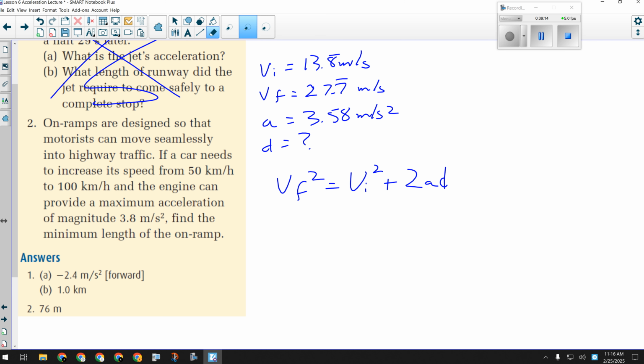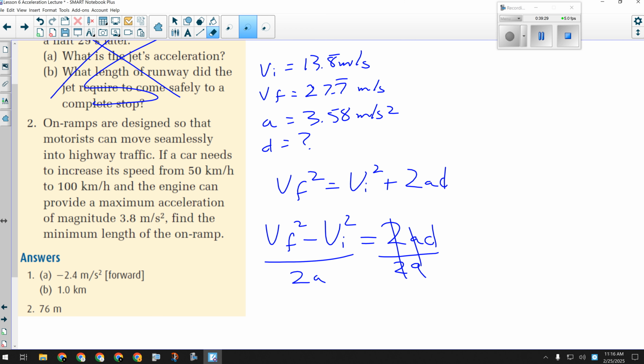Okay, so I'm adding VI, so I should subtract it. So I'm going to have VF squared minus VI squared equals 2AD. All right, I'm looking for D, so now I just divide both sides by 2A. And I've got D. If I wanted to solve for A, I'd divide by 2D. Okay? It's not a difficult formula to manipulate.